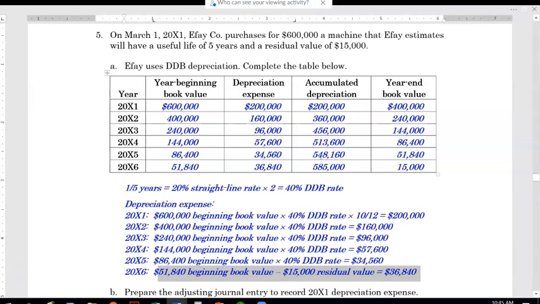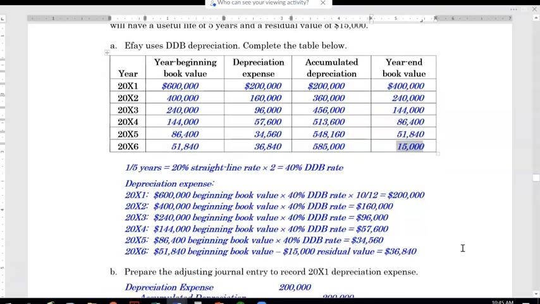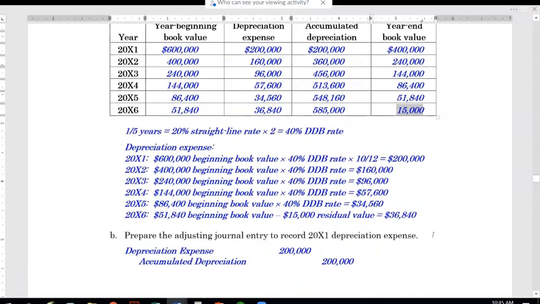We add it to the accumulated depreciation of 548. Accumulated depreciation ends up to be 585 minus original cost. The book value stands at 15,000. And the depreciation expense will be debited for year 1, 200,000, and accumulated depreciation will be credited.